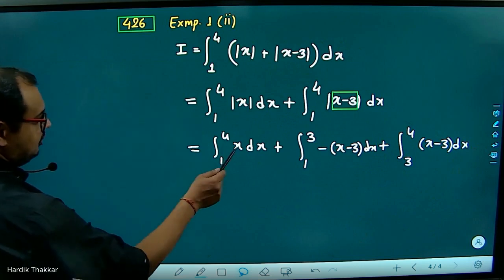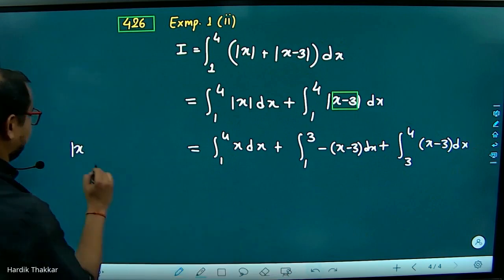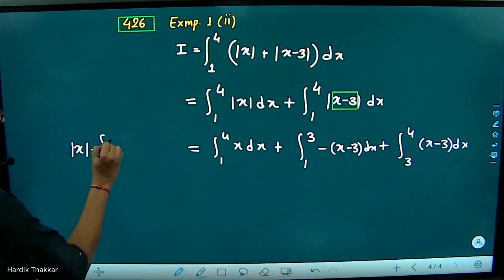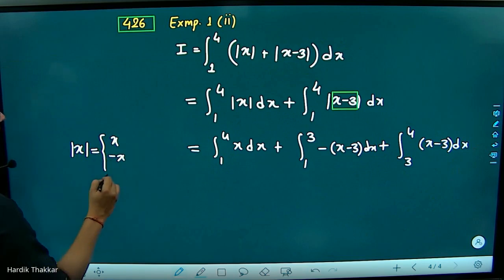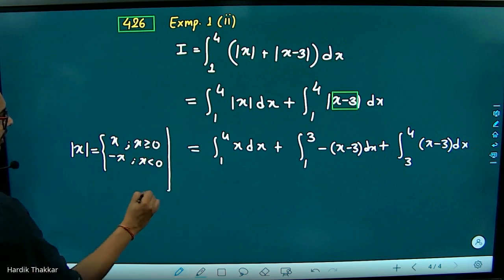Once please show how you have directly written x for mod x. Yes, sir. Okay, look, mod x is equal to x and it is equal to minus x. The condition is when x is greater than or equal to 0 and when x is less than 0. So this was the condition.